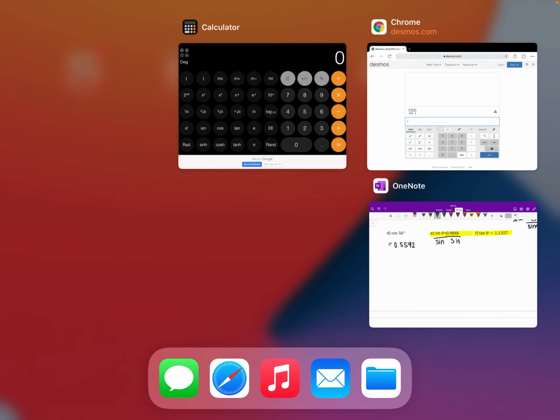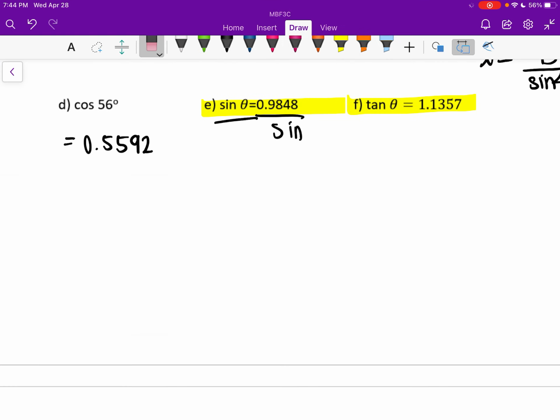What you need to do to get rid of the sine is what we call sine inverse, right? Just like square rooting is the opposite of squaring something, the opposite of sine is not dividing by sine, but rather doing sine inverse. So you would do sine inverse, and I'm only going to do this once because honestly it's such a pain to write, sine theta, right?